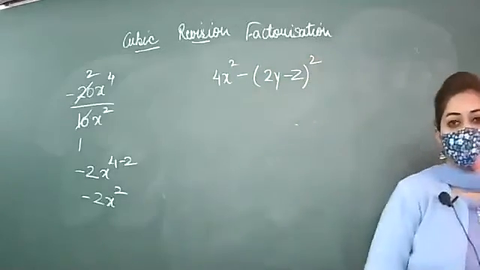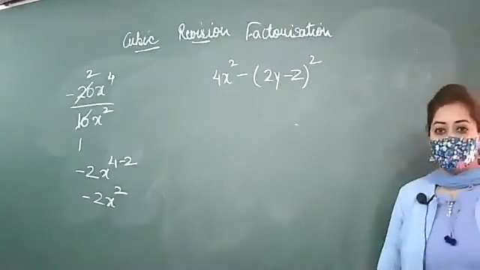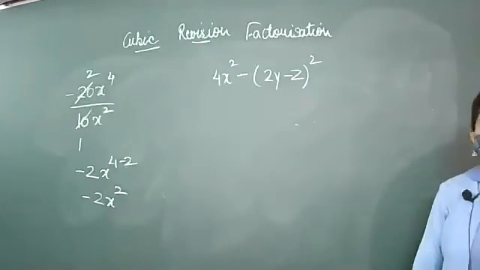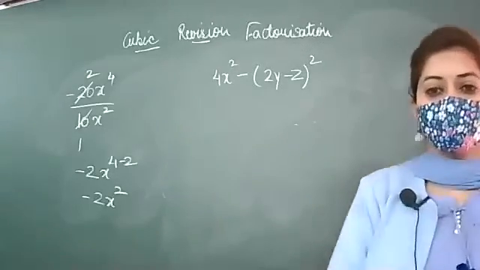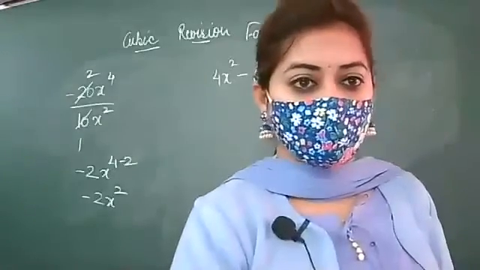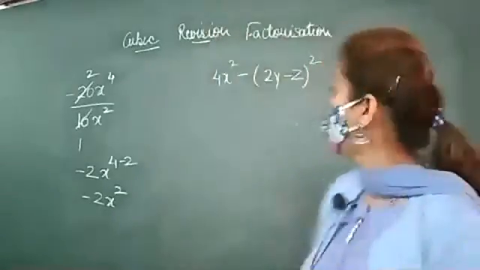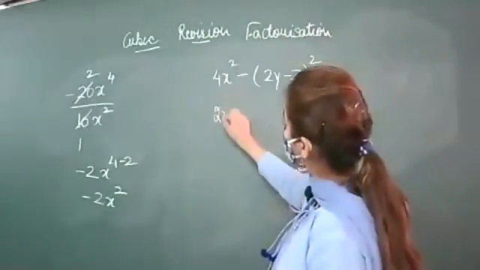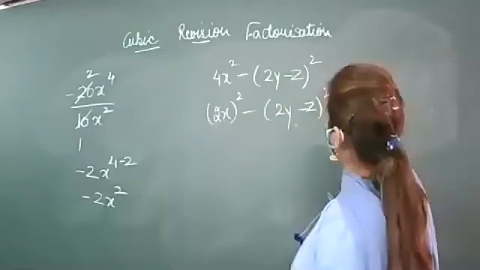Solve this. A square minus b square. This is your a square and this is your b square.